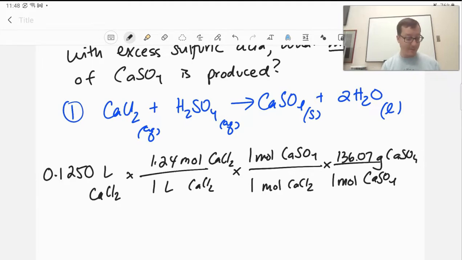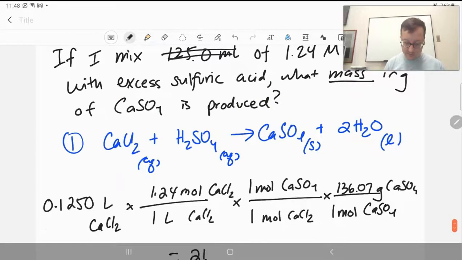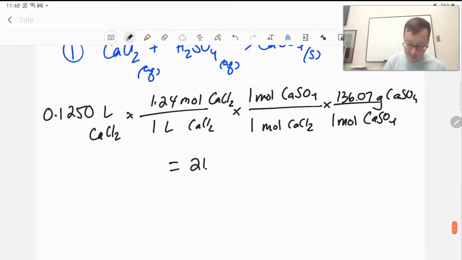But it's all the same. So 0.125 times 1.24 times our 136.07, and we get 21 point, how many sig figs? Looks like 3 sig figs here. 21.1 grams of calcium sulfate is produced.